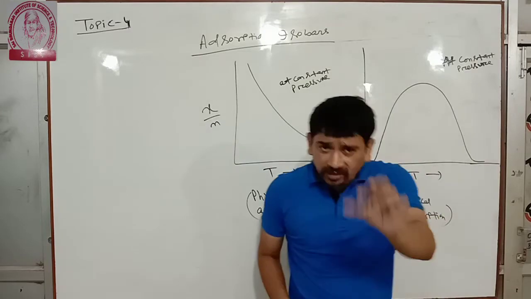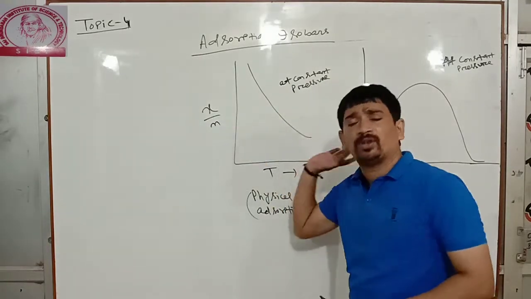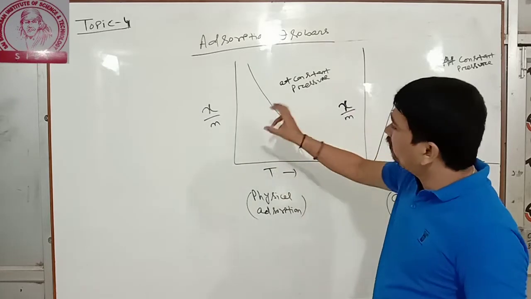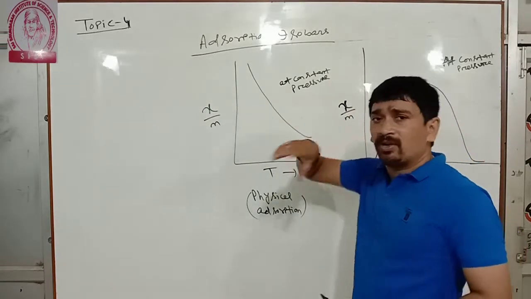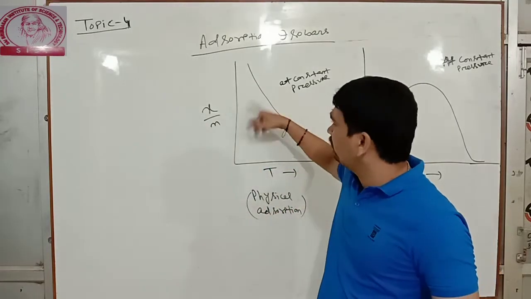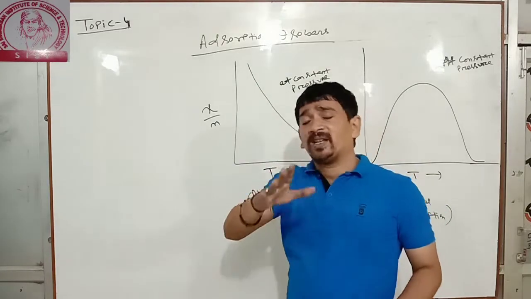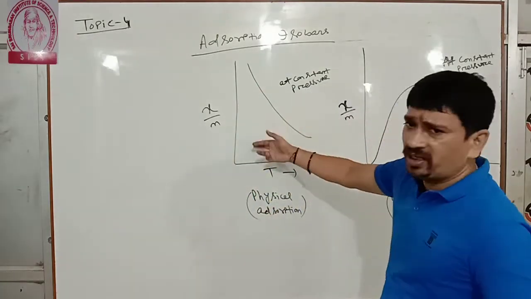So in the distinction between physical adsorption and chemical adsorption, you can draw this graph also. Clear? This is also important. Suppose it is a 3-mark question. I have previously taught in the previous class that if you write the difference between physical adsorption and chemical adsorption in 6 points, you may add this point. This is a very vital point.